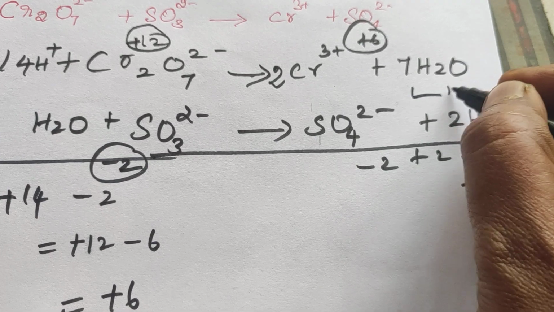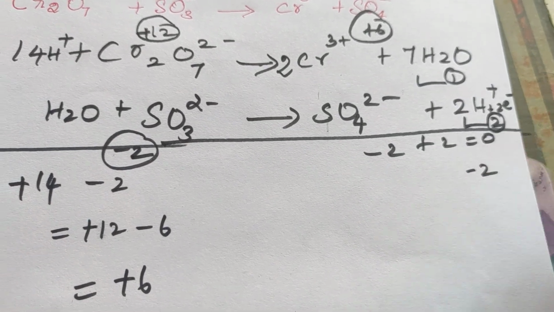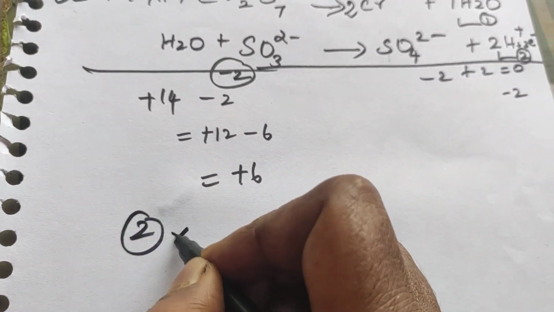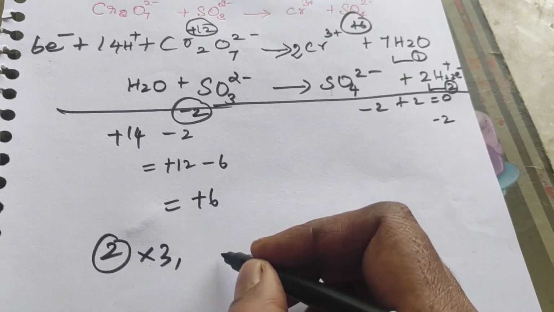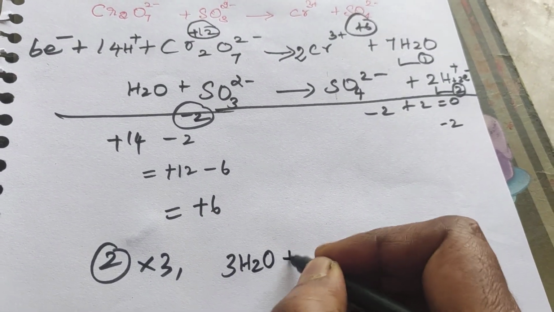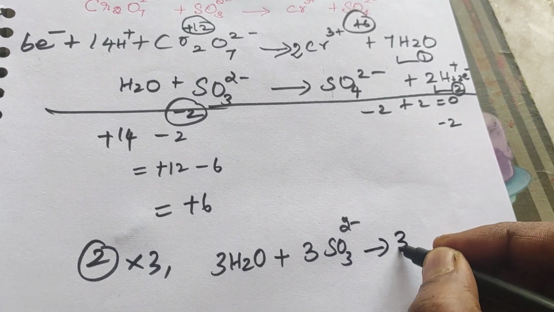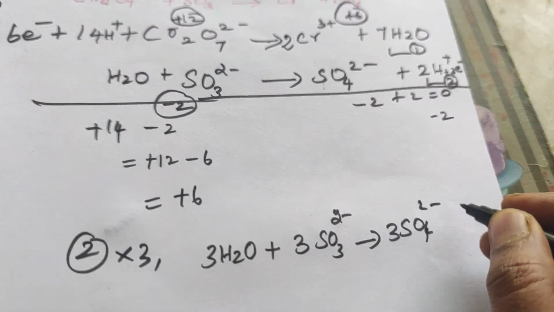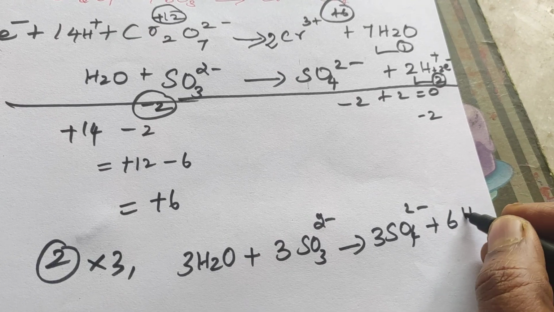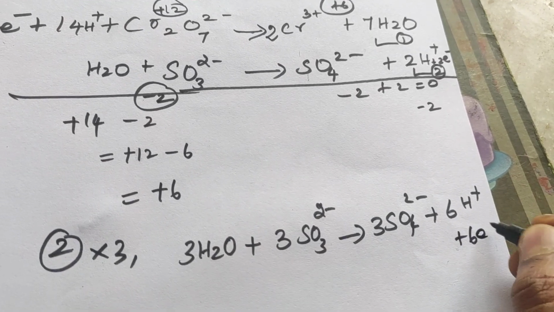So this is equation number 1, equation number 2. Equation number 2 multiplied by 3, what do you get? You will get 3H2O plus 3SO3 2 minus gives 3SO4 2 minus plus 6H plus plus 6 electrons.